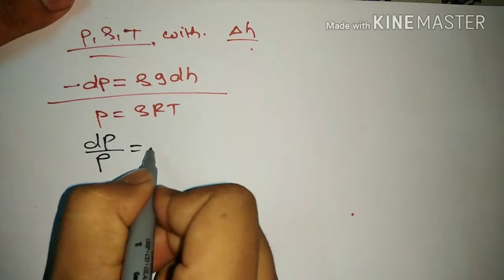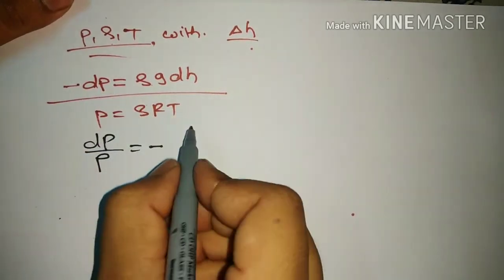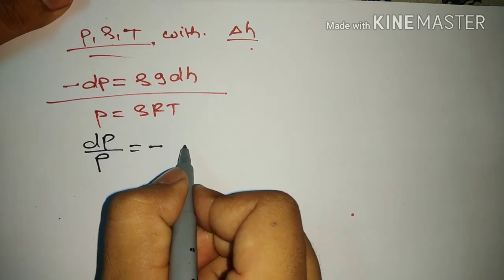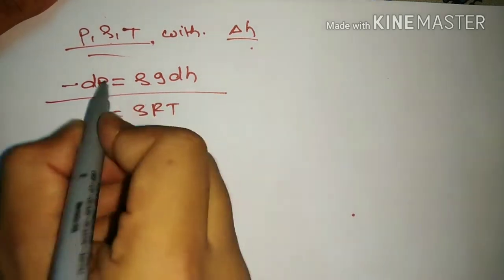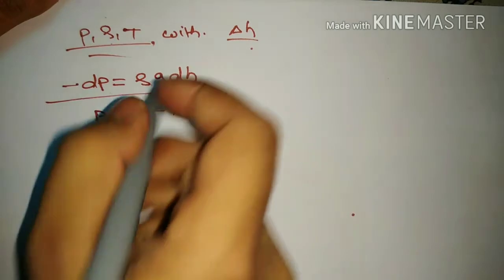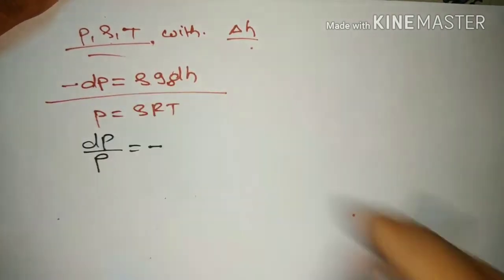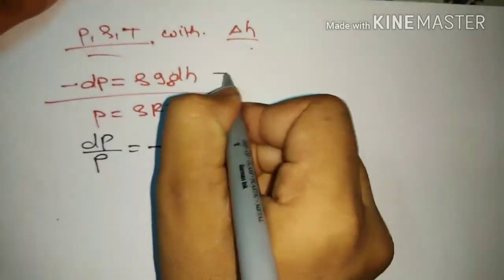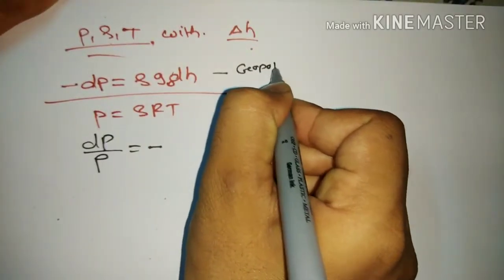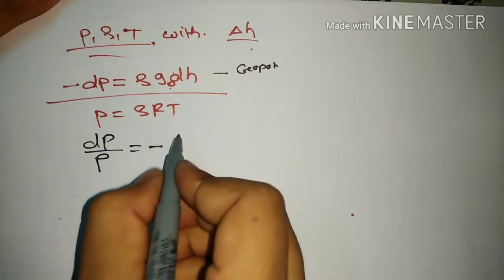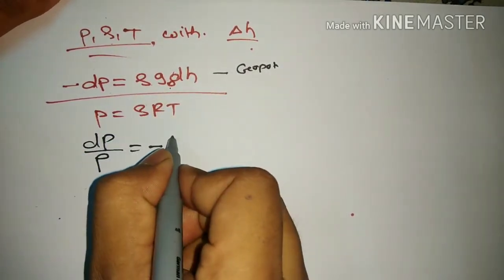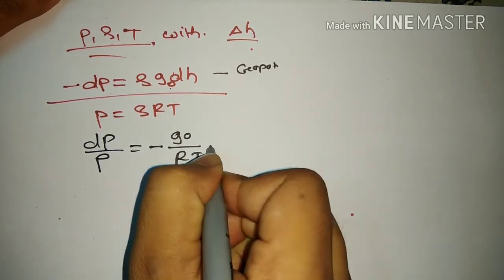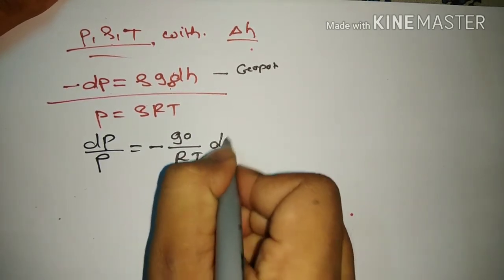The minus we take to this side, rho will cancel, and because we are calculating for geopotential altitude, it will be g0, so remaining g0 by RT and delta h.